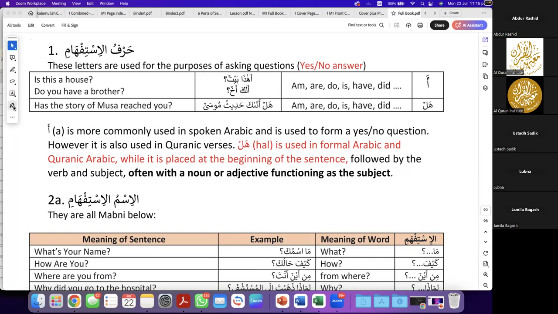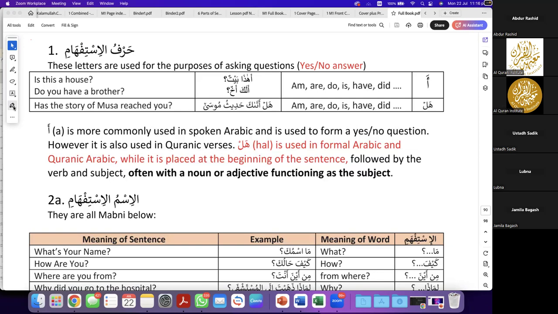So here, the word hal at the beginning is telling us this is a question. If the hal wasn't there, it would be the story of Musa has reached you. It'll become a statement. Just by adding hal, it has become a question. And notice there's flexibility in this word.